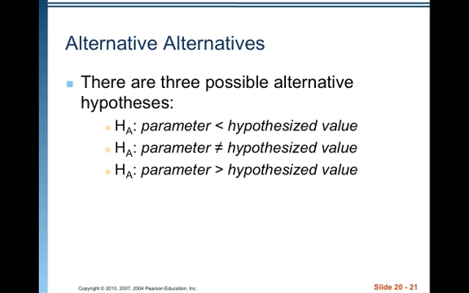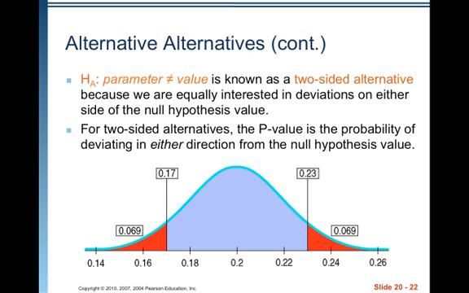But sometimes we do ahead of time think, oh no, the parameter really is less than what has been assumed to be true forever, or the parameter is now greater than what's been assumed to be true. So you really have to think about what the alternative is going to be.